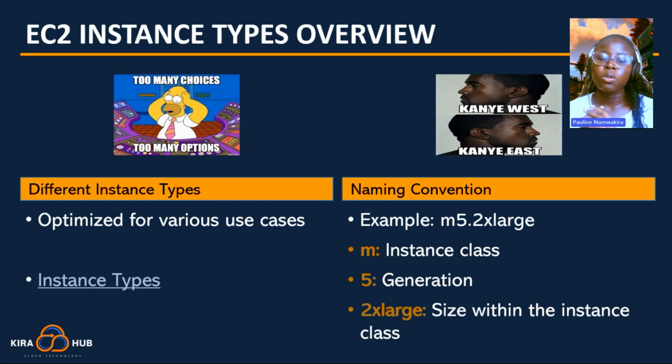Ours was T2, this is M5. 5 represents the generation, meaning that AWS continuously improves instance types over time. And then we have the last option. Ours was micro, this is 2xlarge, which represents the size, making sure you are selecting the instance with the right balance of CPU, memory, and network capacity.